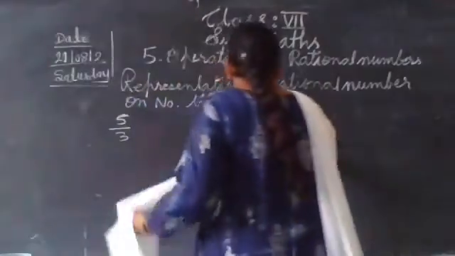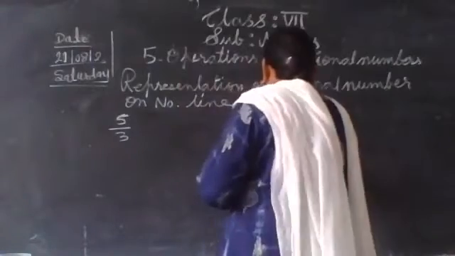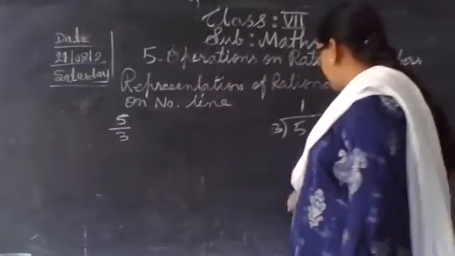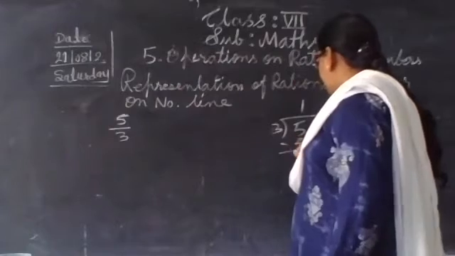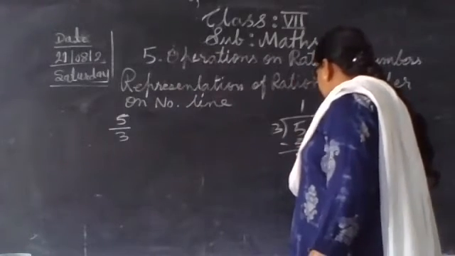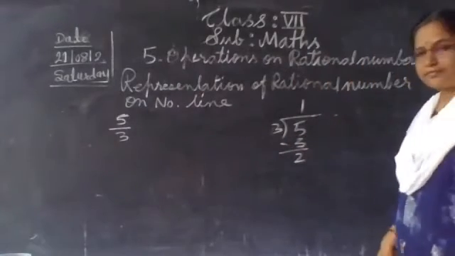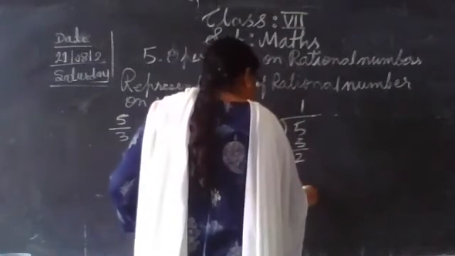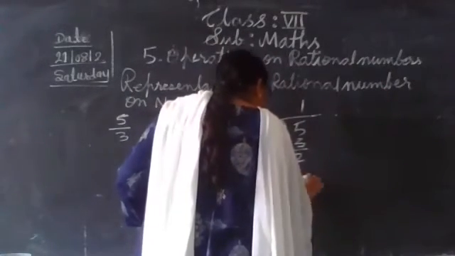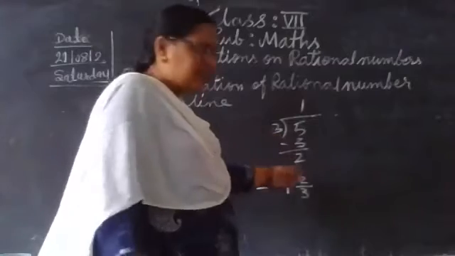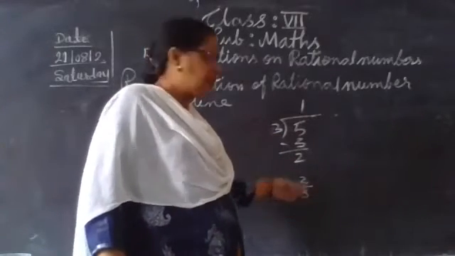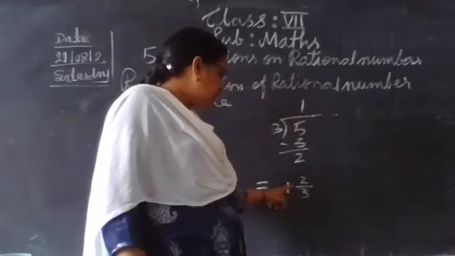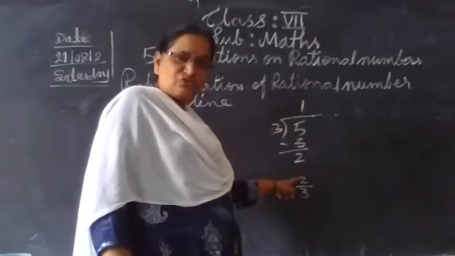So what happens if you divide this 5 by 3? 3 ones are 3. So what is its fractional form? One integer. See, divisor is always written in the denominator. And this remainder is in the numerator. 3 ones are 3. 3 plus 2, 5.